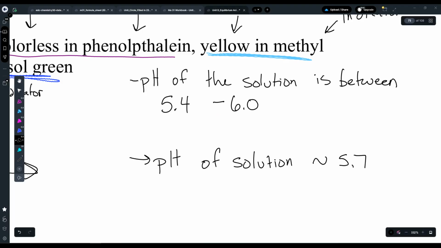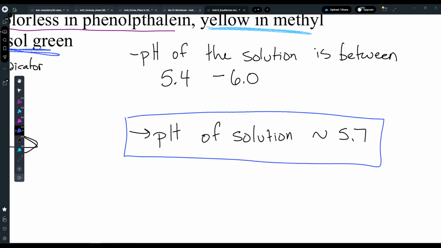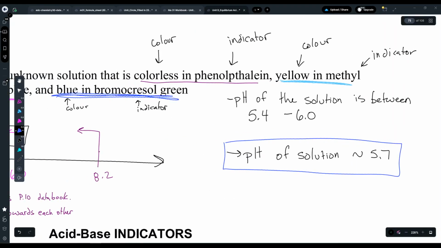So if you said 5.5, 5.6, or 5.9, any of those would also still be correct according to the range that we figured out. But again, if you want a cut and dry procedure for figuring out a singular pH for an unknown solution, there you have it.